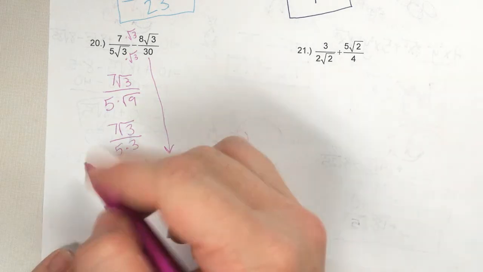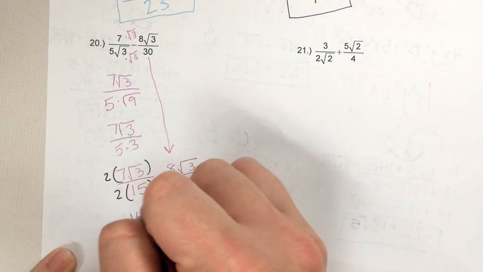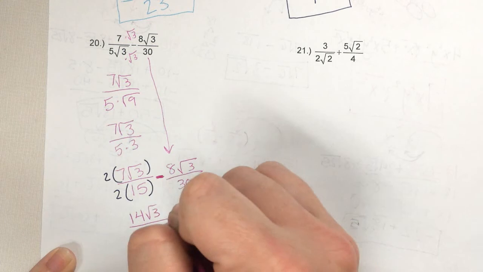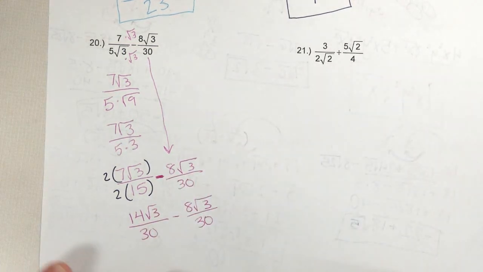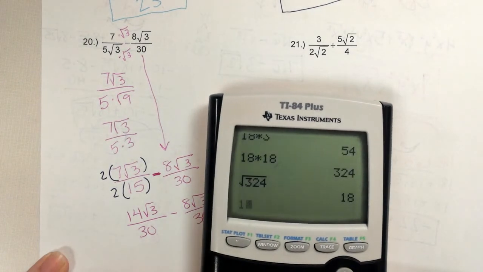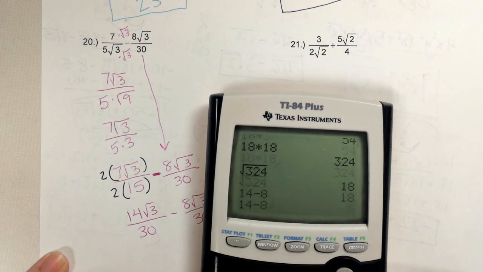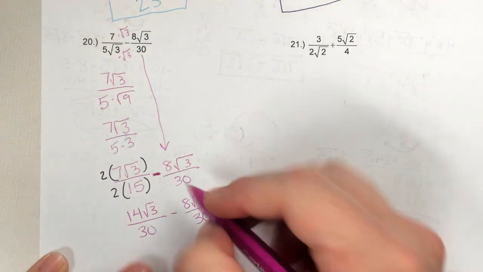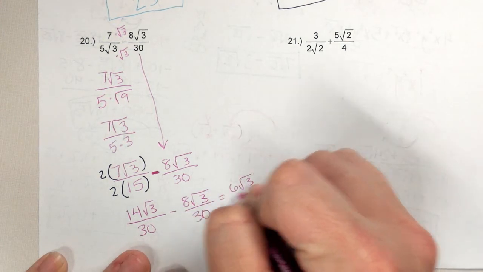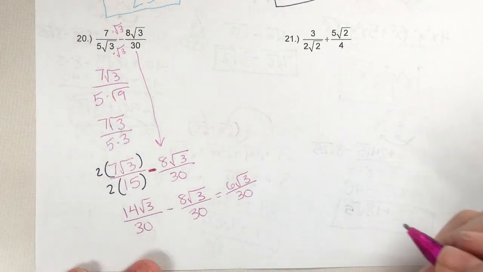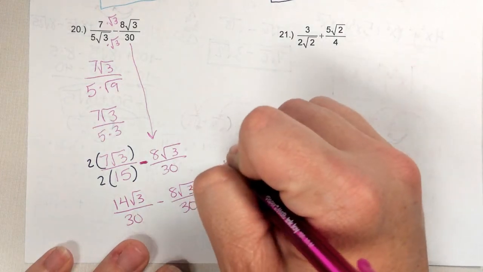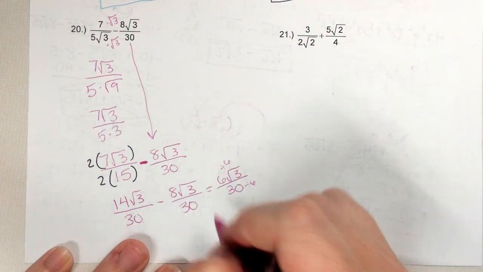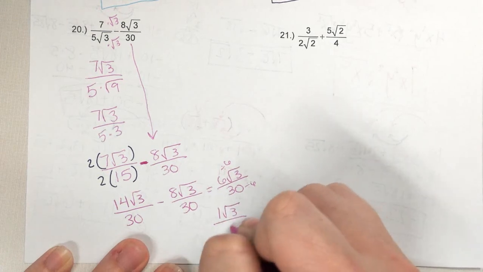So that gives me 14 square root of 3 over 30 minus 8 square root of 3 over 30. 14 minus 8 is 6. So I get 6 root of 3 over 30. And then we can simplify it. Well, 6 goes into 30, so divide by 6, and I get 1 square root of 3 over 5.